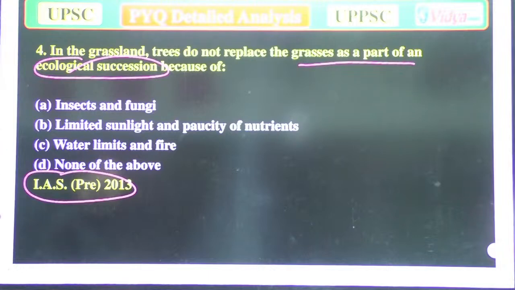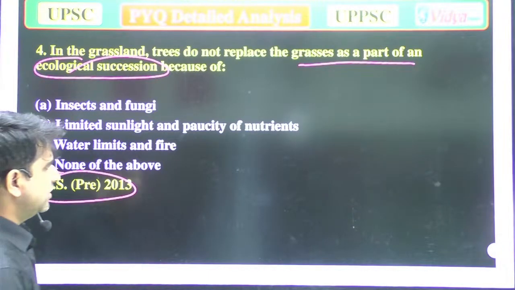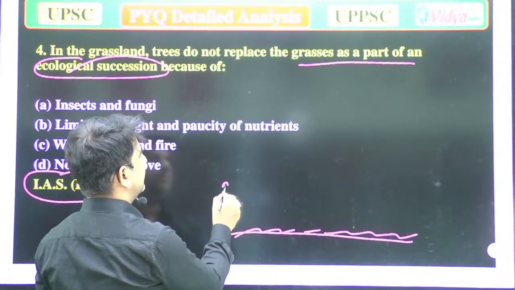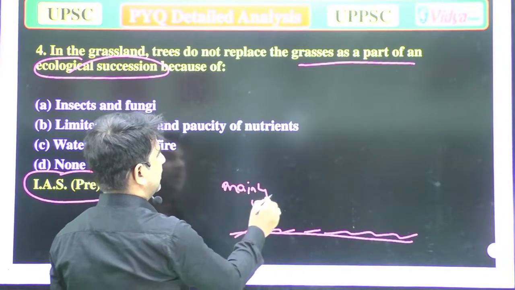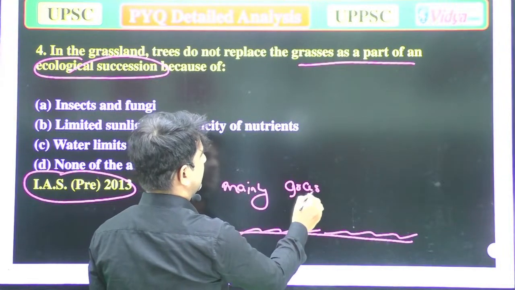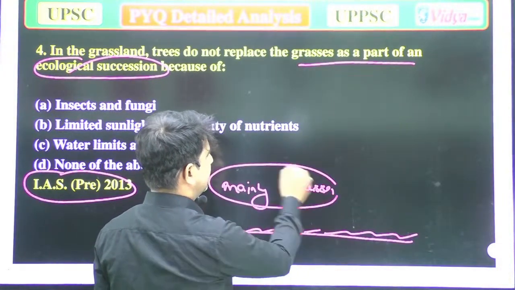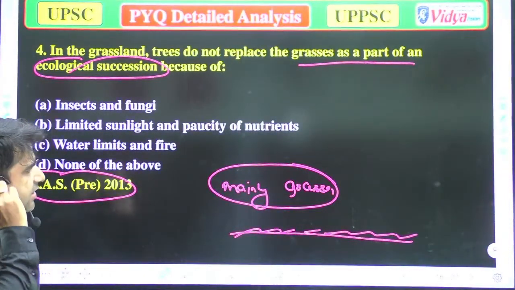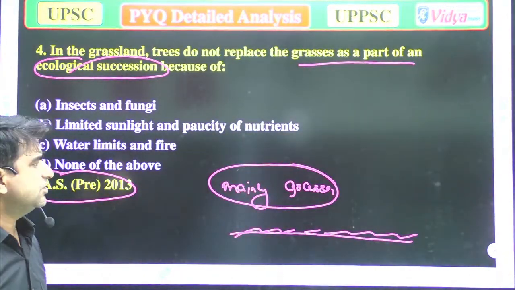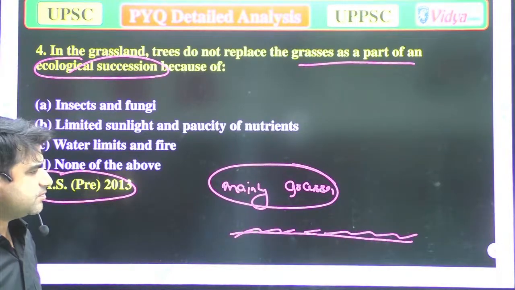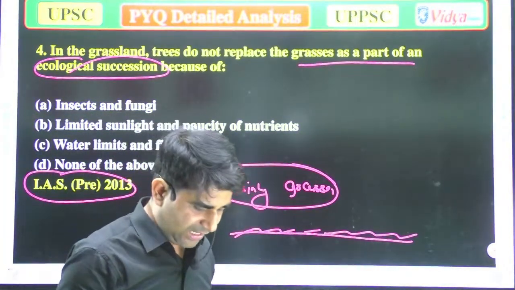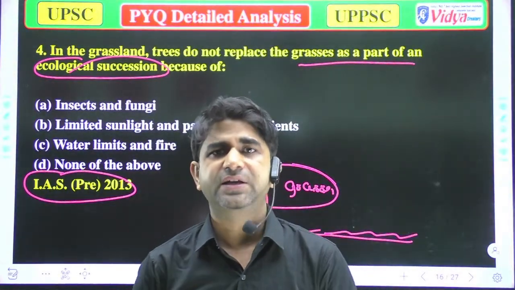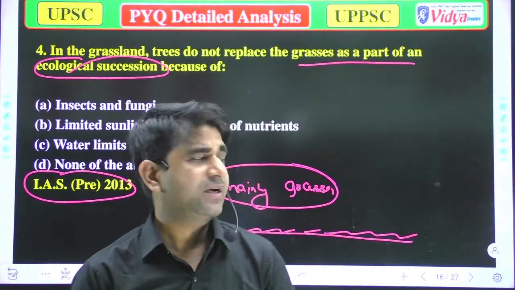So in the grassland, trees do not replace the grasses. When we talk about grasslands, what happens there? In grasslands, mainly grasses are there, and these grasses have the ability to cover the whole grassland area.